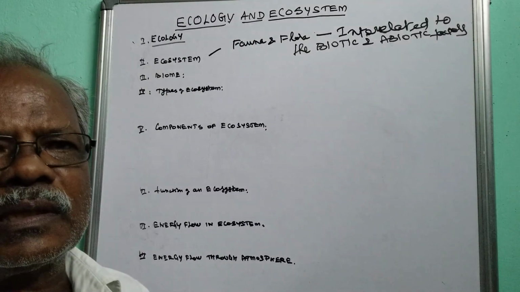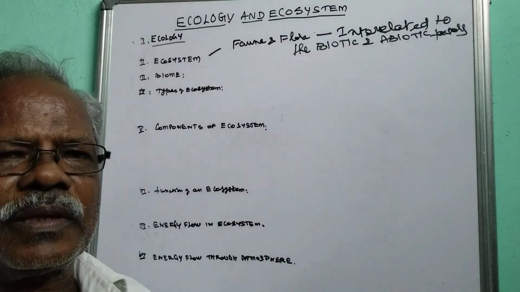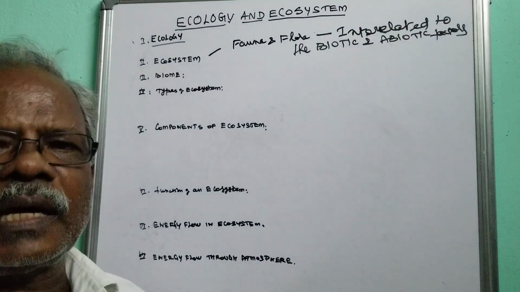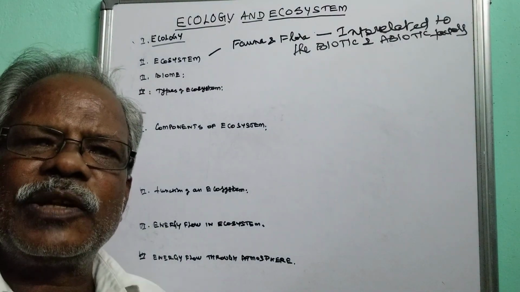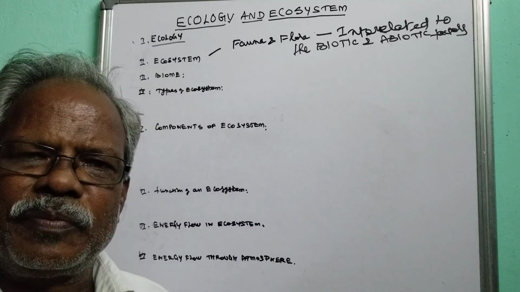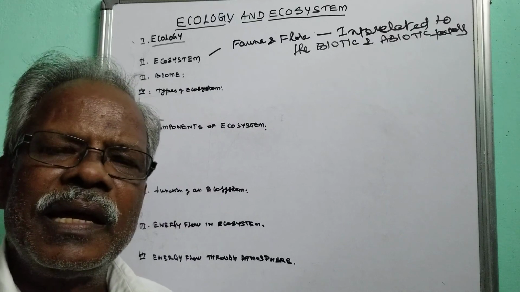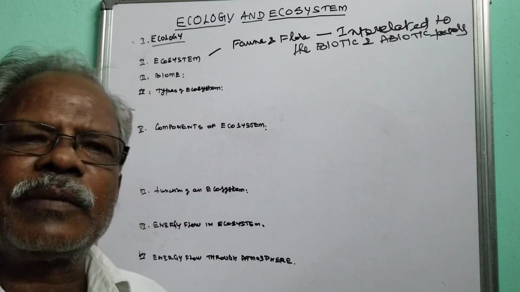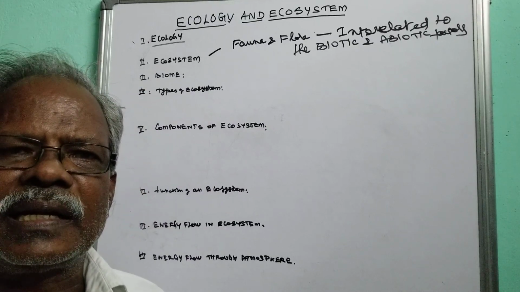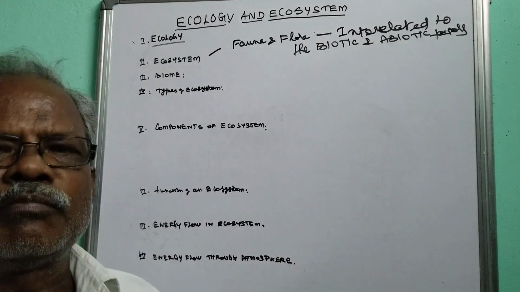So the biomes are interconnected with the ecosystem. So the biomes are particularly in a particular place with reference to climate, for a particular climate and particular habitat. Certain plants and animals are abundant and they survive better than any other thing, that is called biome.